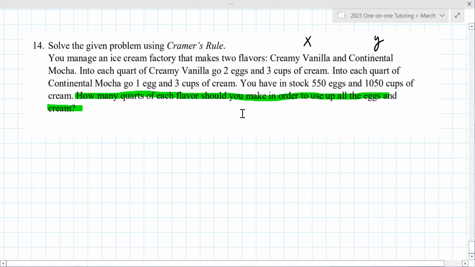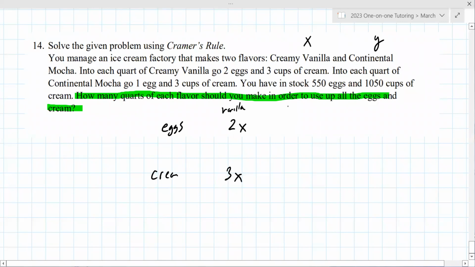Into each quart of vanilla goes 2 eggs and 3 cups of cream. Depending on how you want to look at it, there's an eggs equation and a cream equation here. So it's 2x and 3x for the vanilla.